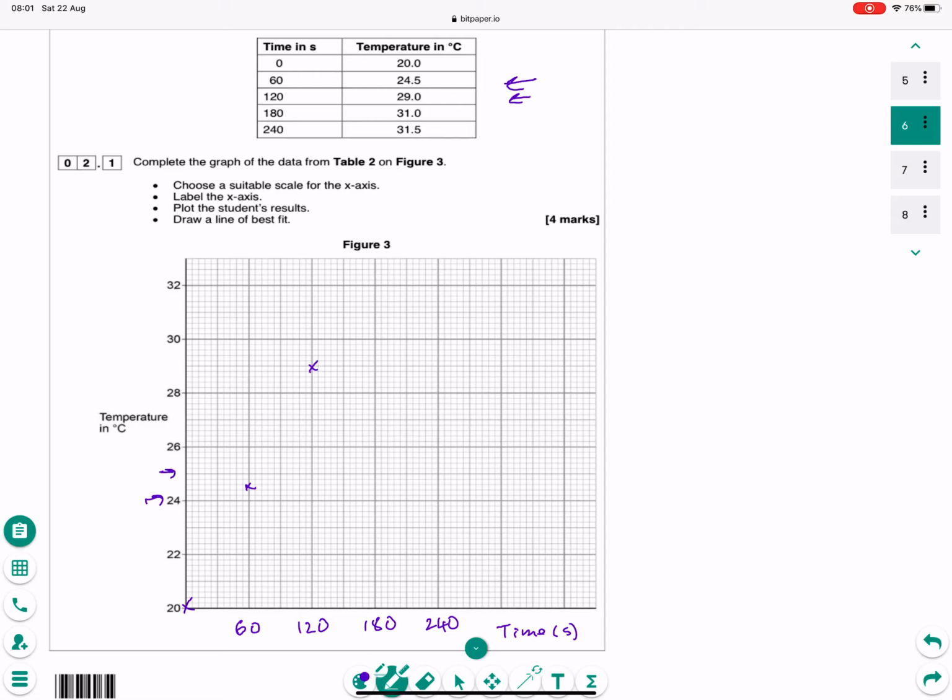Apologies if this is very simple, I just quickly draw it. 180 is 31, which puts us here. Okay, start the curve now. And 240 puts us at 31.5, which is around about there. Draw a line of best fit, something like this.